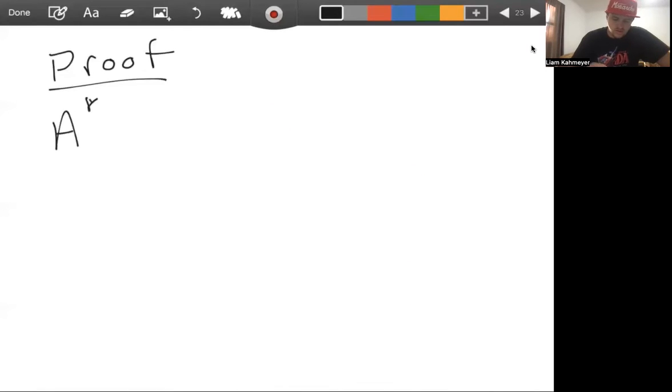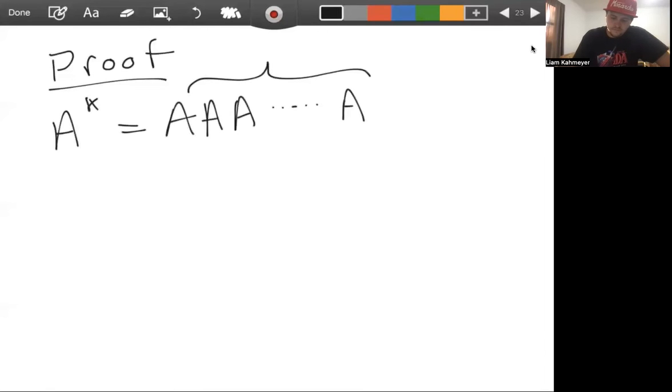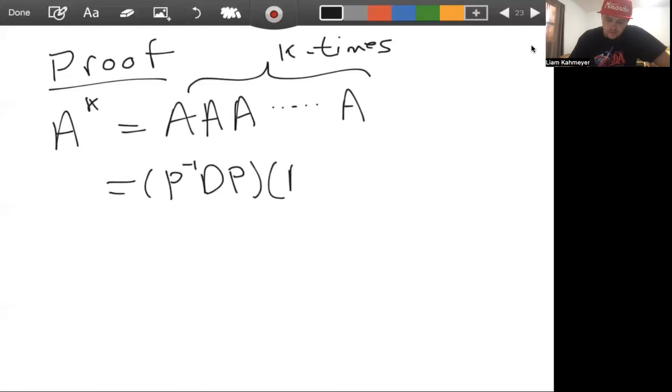Well, what is A to the k? That's A multiplied k times. But we know A is similar to a diagonal matrix, so we can write A for every factor here as P inverse D P, P inverse D P, et cetera, k times.